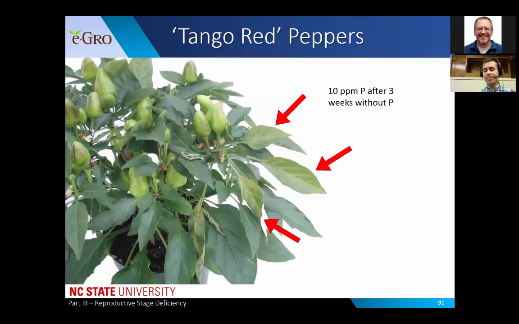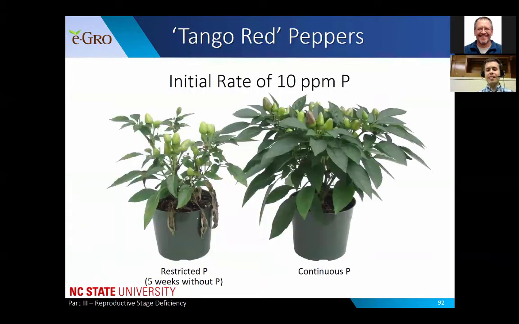So with just 3 weeks without phosphorus, we saw these symptoms starting to come on. And then again, comparing the continuous phosphorus and the restricted phosphorus plants after 5 weeks, you can see that 5 weeks without phosphorus was completely devastating, and the plant lost the majority of its upper foliage.